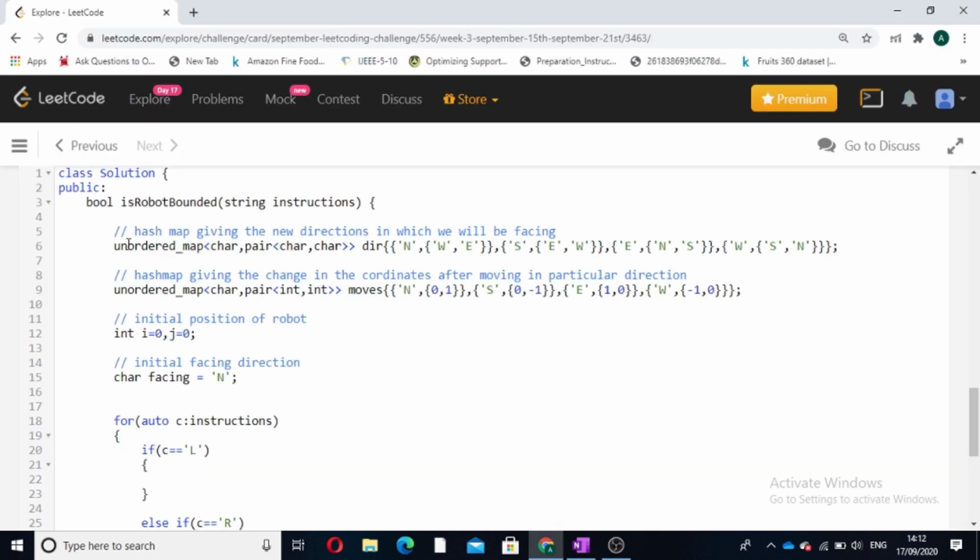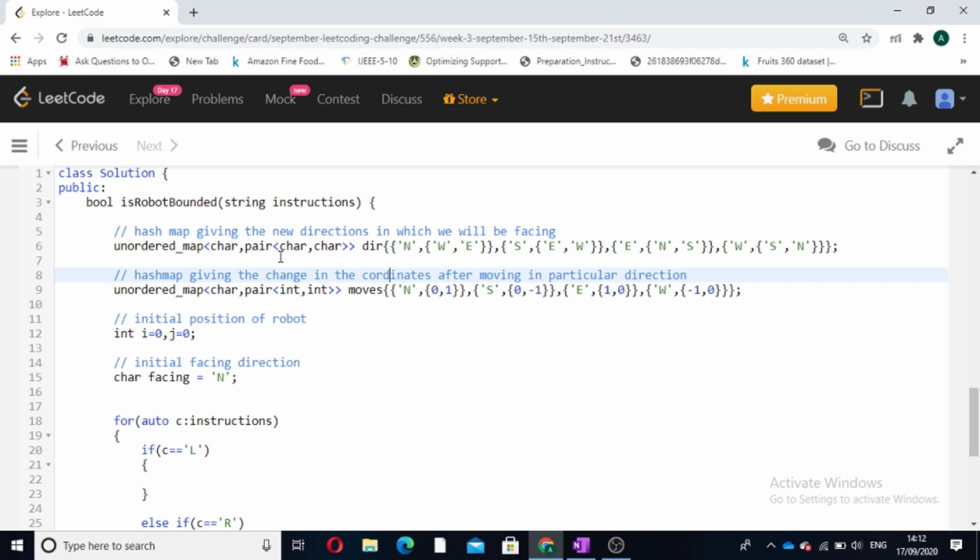Now I have already made two hash maps. The first hash map will give the new direction in which we will be facing when we encounter left or right. In the first hash map, the key will be the direction we are initially facing, and the value will be a pair.